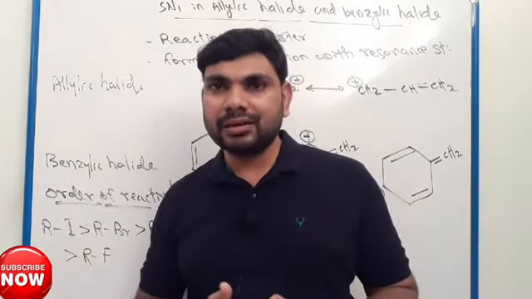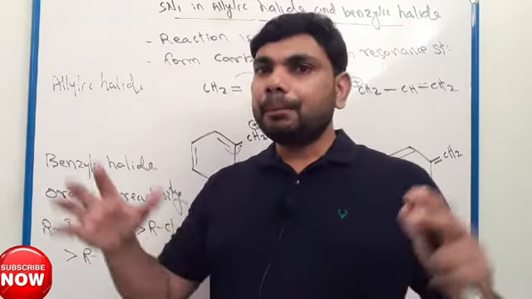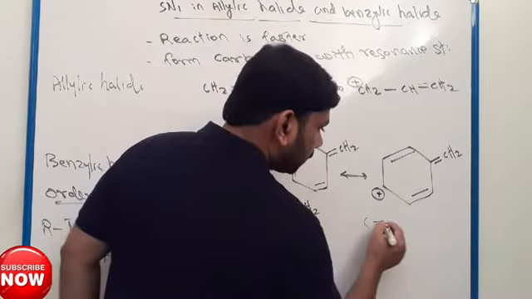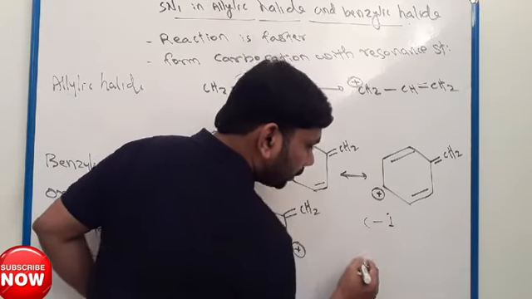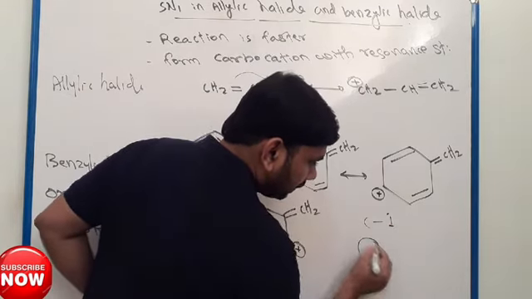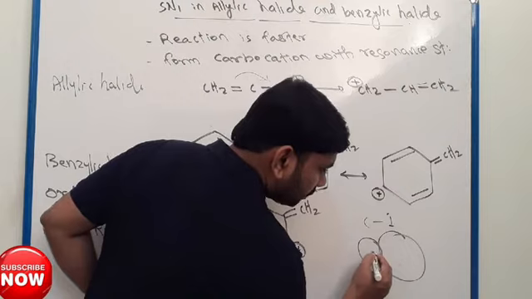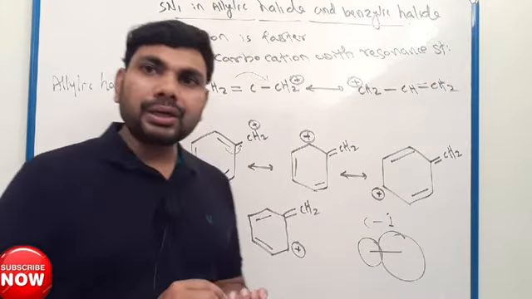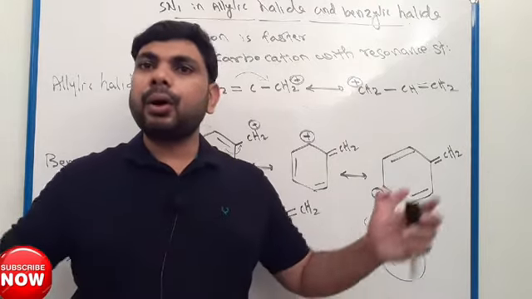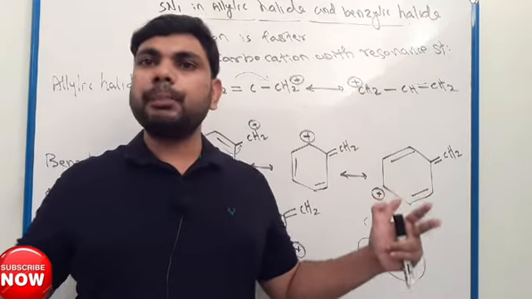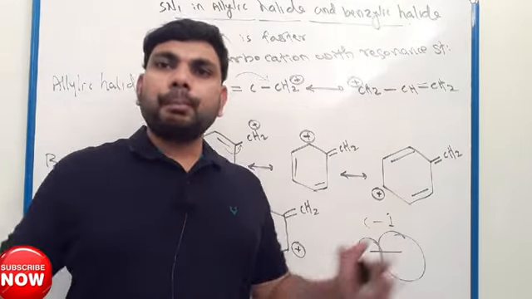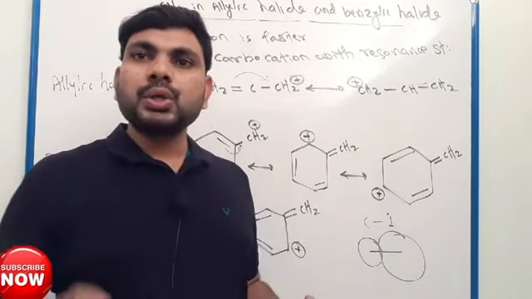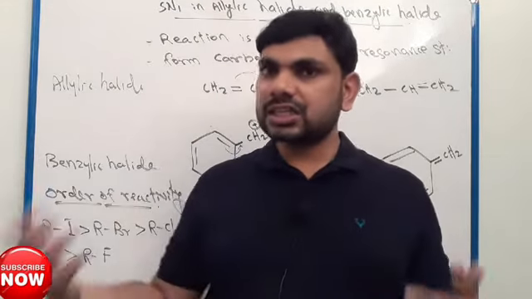Iodine has a bigger size, so the carbon-iodine bond length is higher. A higher bond length means less energy is needed to break the bond, so alkyl iodide reacts faster.